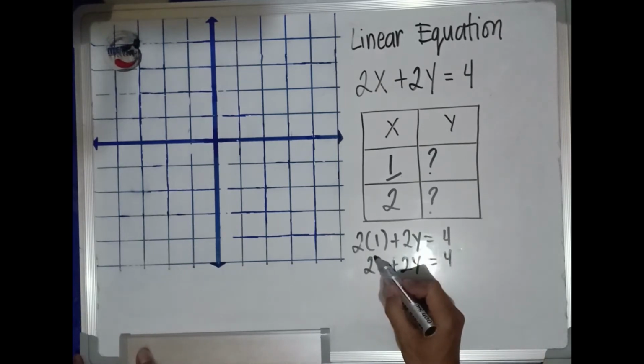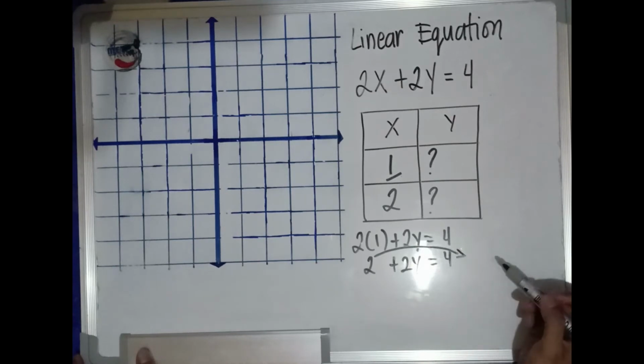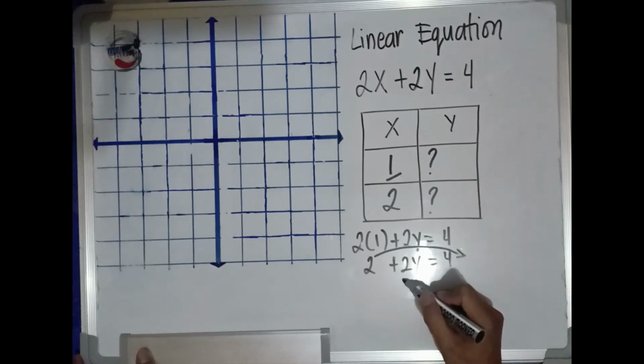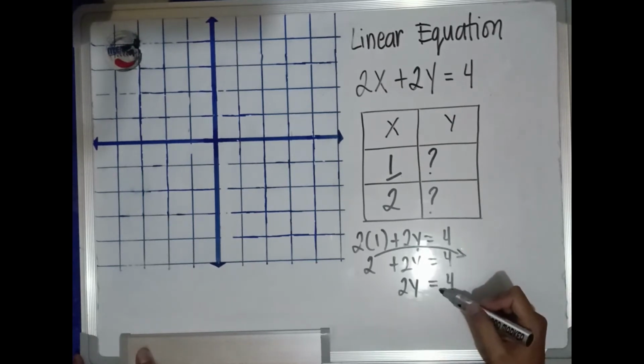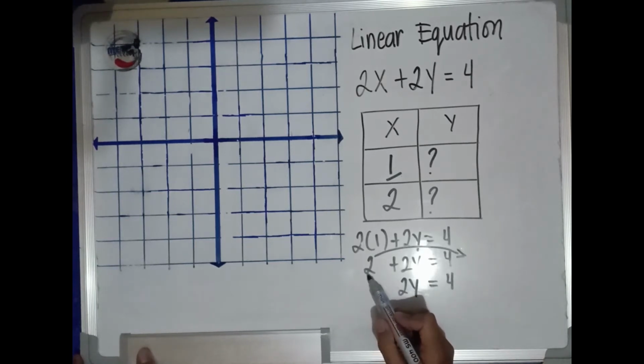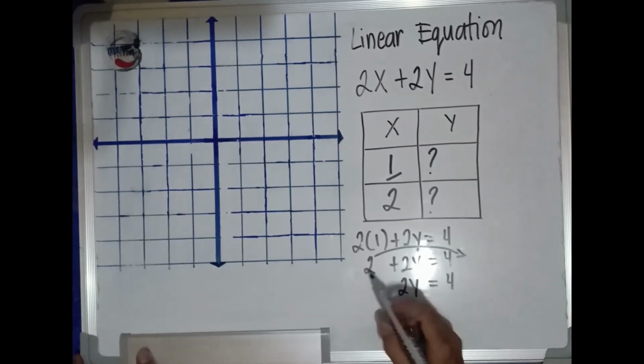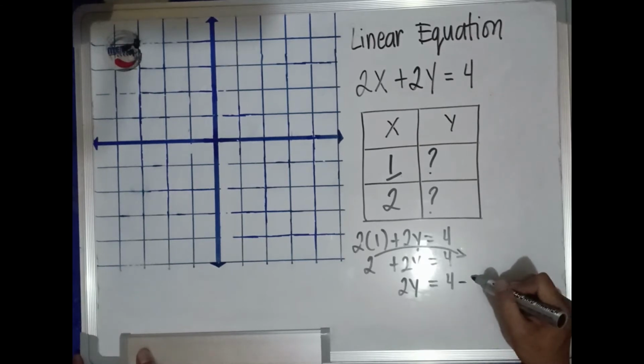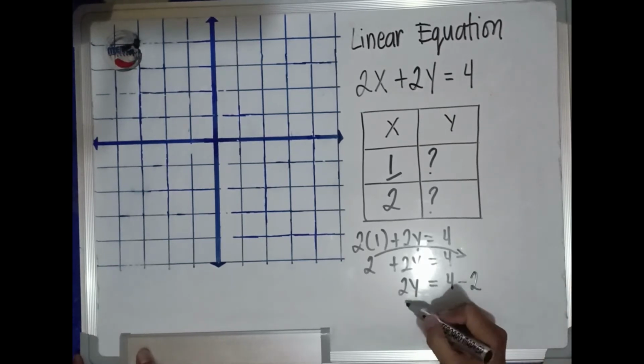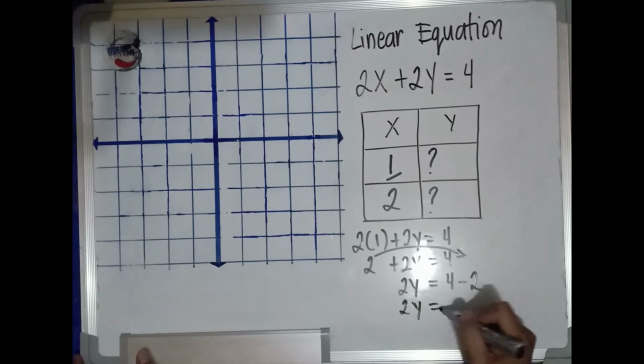We're going to transpose this positive 2 to this side. Copy 2y, equals sign, and 4. When you transpose a positive number to the other side, the sign will change. So if this is positive, it will become negative 2. Then 2y is equal to 4 minus 2.